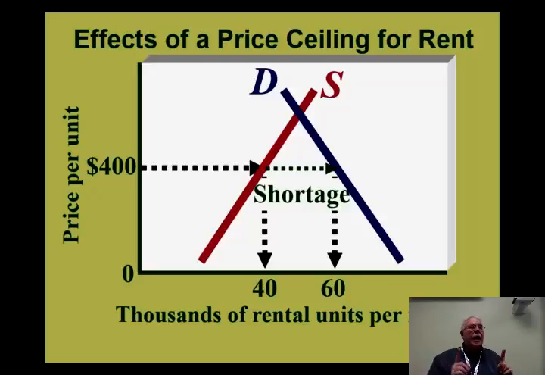Now, how could we bring about lower rents with plenty of rental property available, and that property is going to be well taken care of? What we would do is increase the supply curve of rental property. Again, downward sloping demand, upward sloping supply.